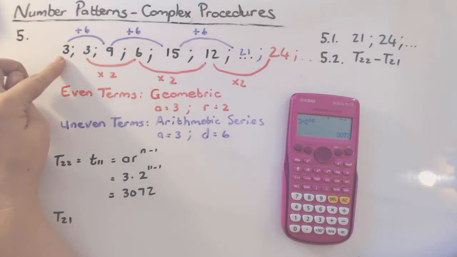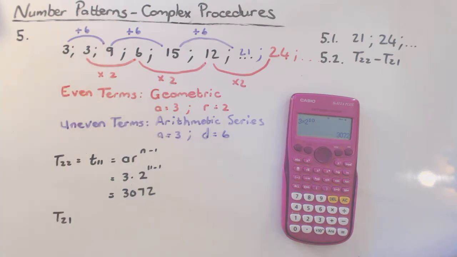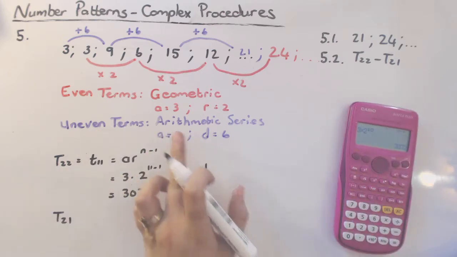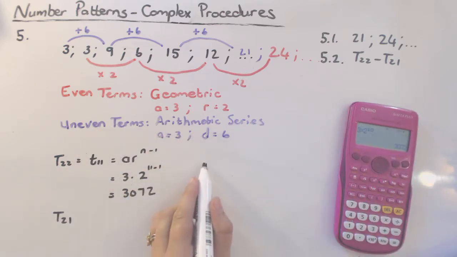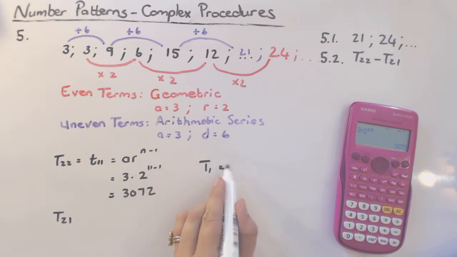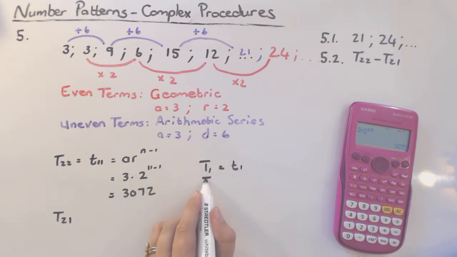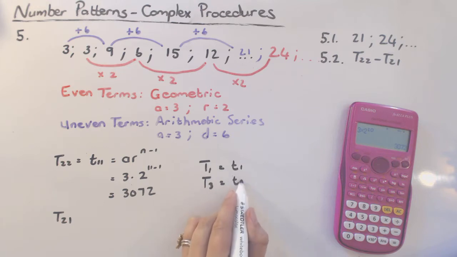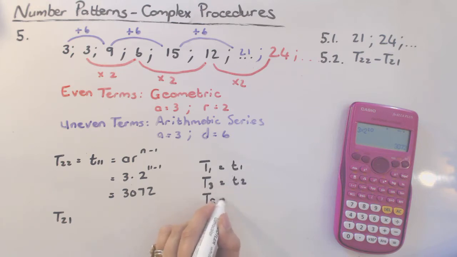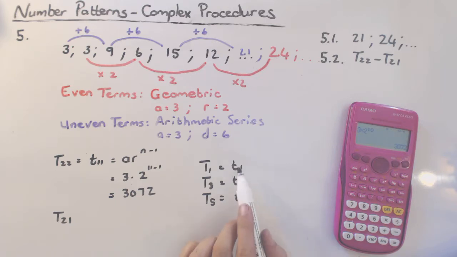And the 21st term, now I must just think clearly here. The first term of the uneven arithmetic series: the first term in my big series is term 1 in the small one. The third term is term 2. The fifth term is term 3. So what's happening is, if I times this with 2, I must subtract 1. How am I going to do this? Yes.